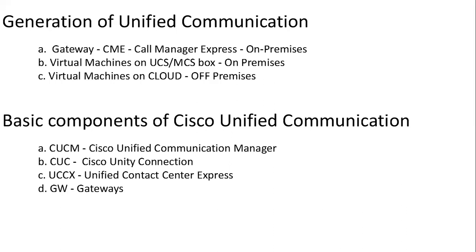When someone calls the help desk number, they press one option to transfer the call to someone, or two, and there are multiple options which can transfer the calls based on the transfer rules we create in Unity Connection. But the basic function of Cisco Unity Connection is to record a person's voicemail, provide them access to all these voicemails, and let them call back the user if someone drops a message for them.